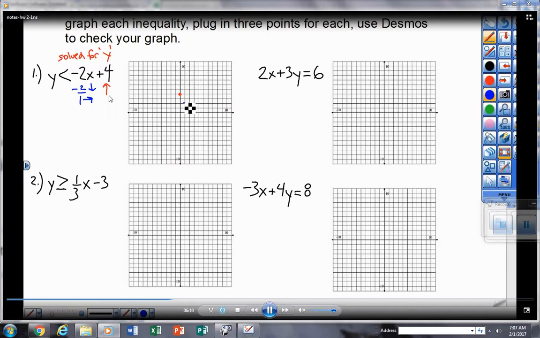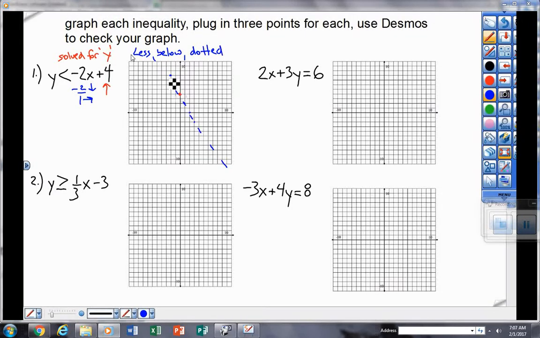My run is 1, my rise is -2. Be able to stair step both directions. That will be a dotted line because my inequality is a plain, incomplete inequality. Dotted line. Y is less than will be shaded below. So that will be a dotted line shaded below.